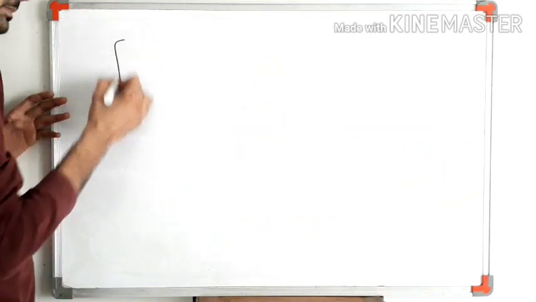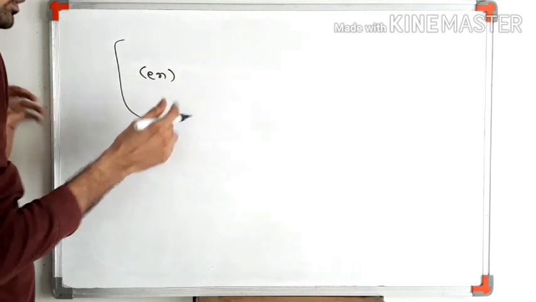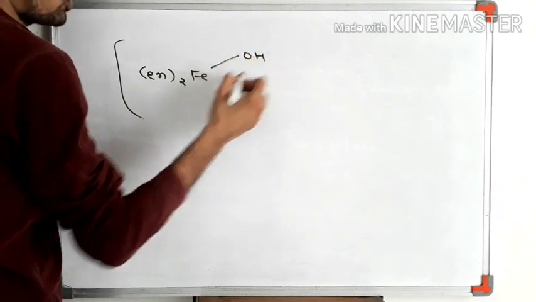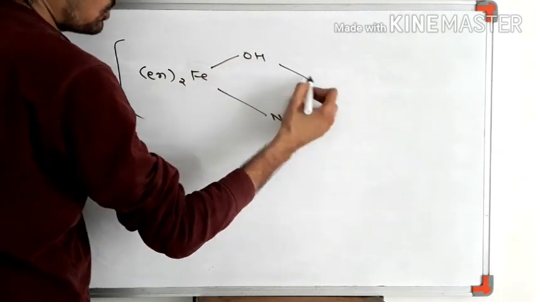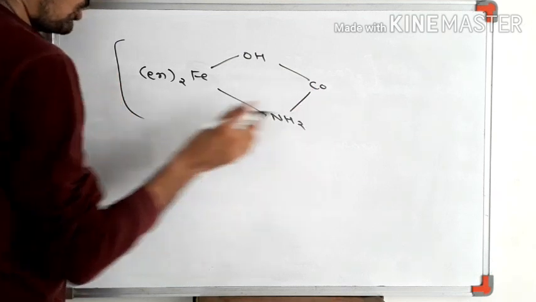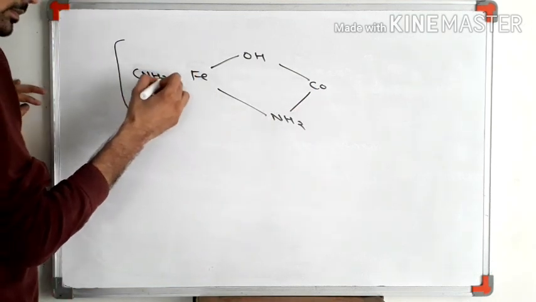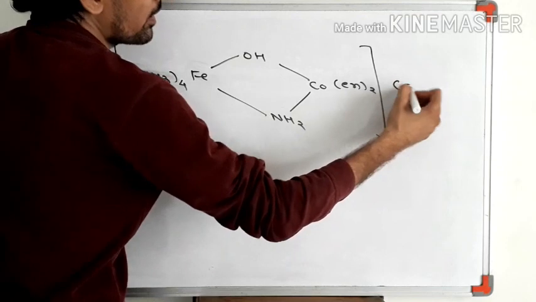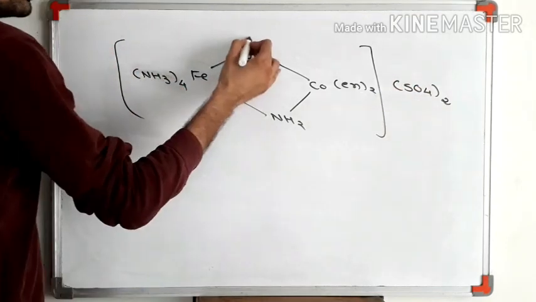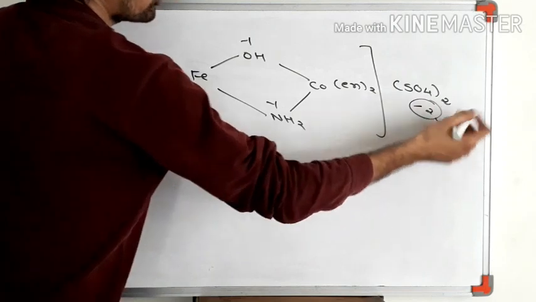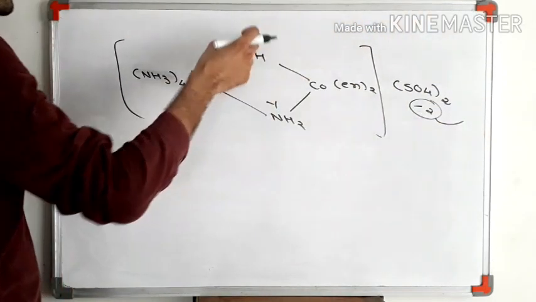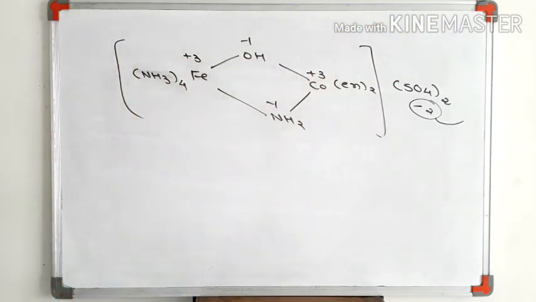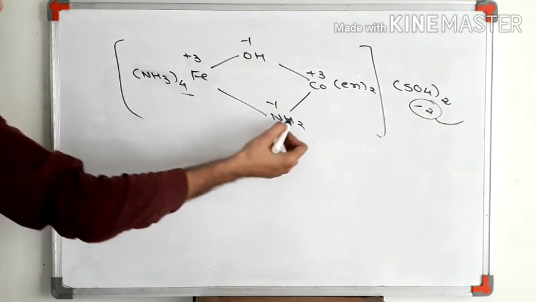For [(en)2Fe(OH)(NH2)Co(NH3)4](en)2 (SO4)2. Minus 1, minus 2 two times is minus 4, that side minus 4, minus 1, minus 1, minus 6, plus 6, plus 3 and plus 3. Now NH2 is called amido.